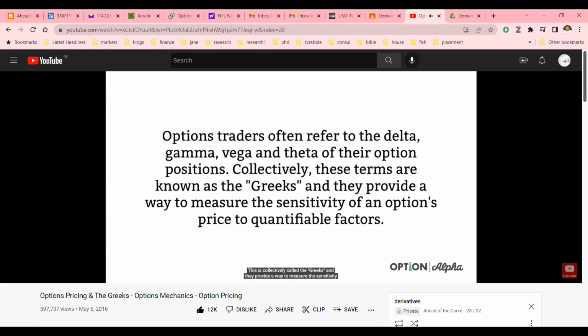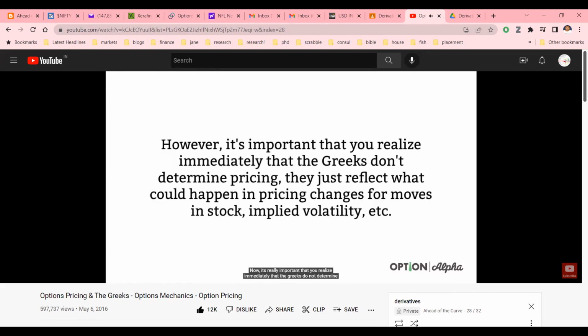This is collectively called the Greeks, and they provide a way to measure the sensitivity of an option's price to quantifiable factors. Now, it's really important that you realize immediately that the Greeks do not determine pricing, and this is a big misconception that people have. Greeks don't determine pricing.